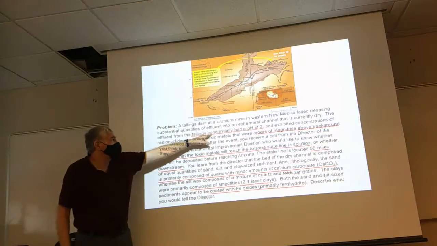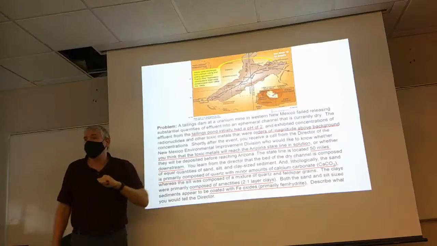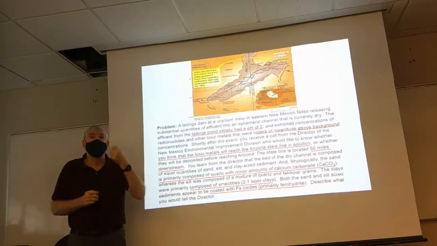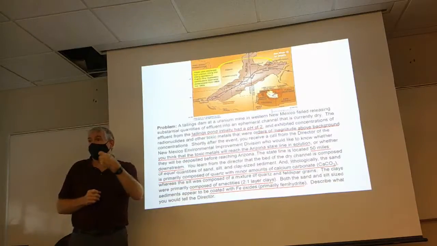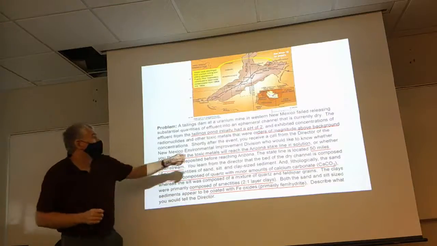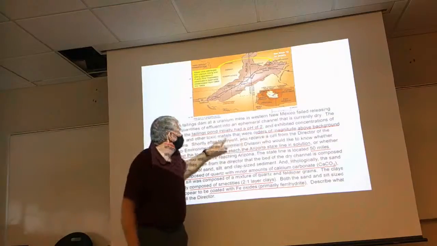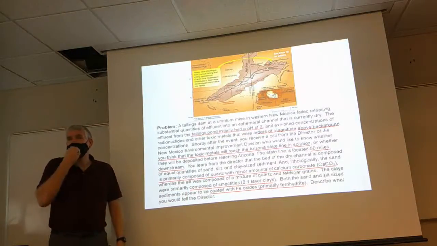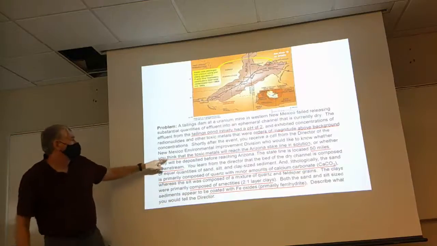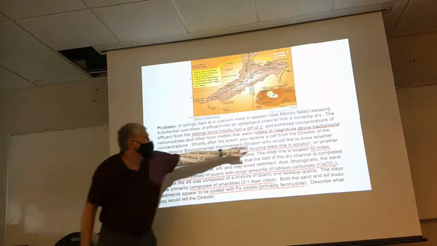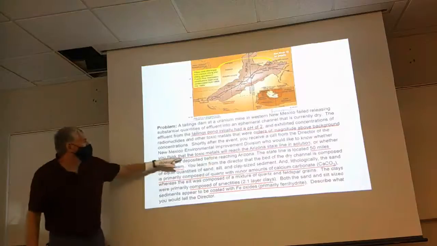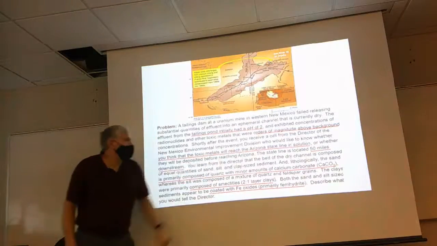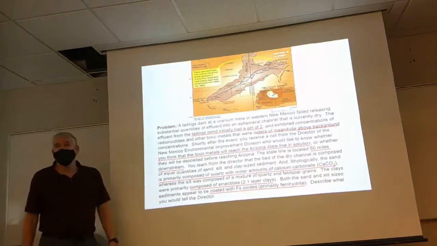The fact that the tailings pond had a pH of 2, that's important. We know what the chemical conditions were when it left the pond. The concentrations of the metals were orders of magnitude above background. So we know that the concentrations were really high, right? Okay. The question then is whether you think the toxic metals will reach the state line in solution.